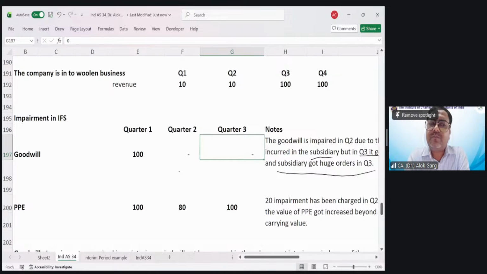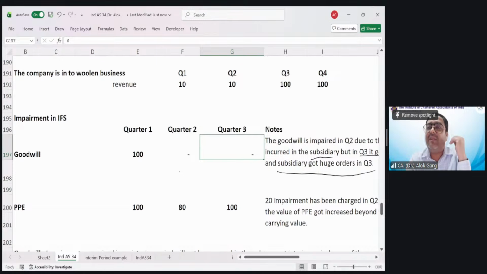You know why this guidance came in Ind AS 34? You know what people were doing? People were saying that Ind AS 38 and Ind AS 36 say that goodwill once impaired cannot be reversed.